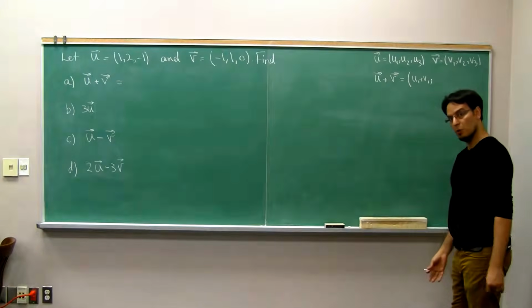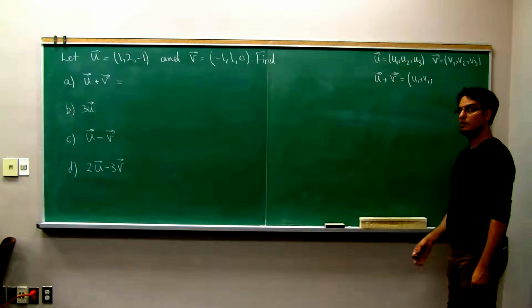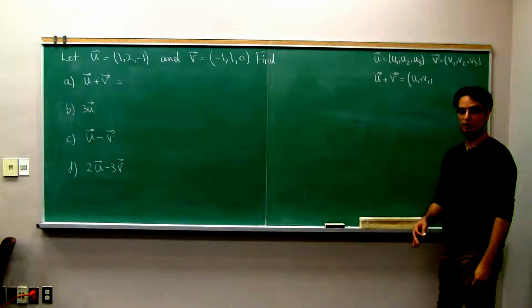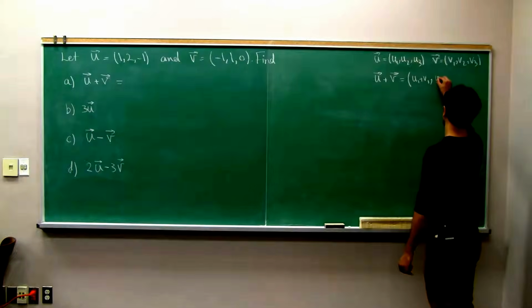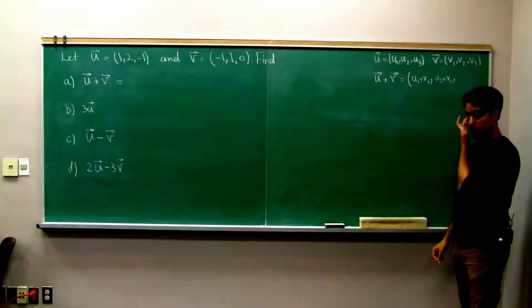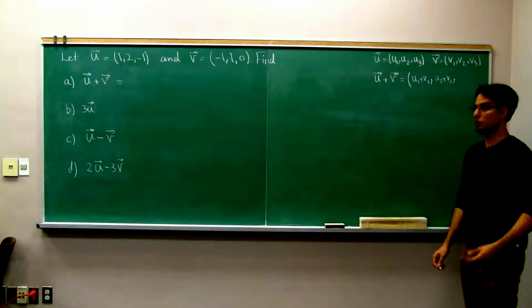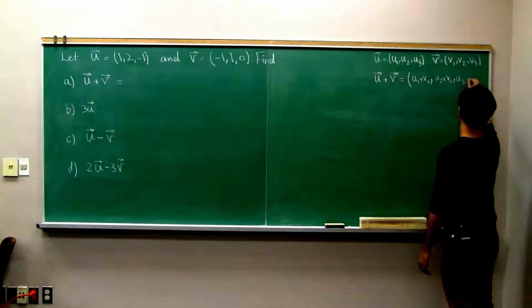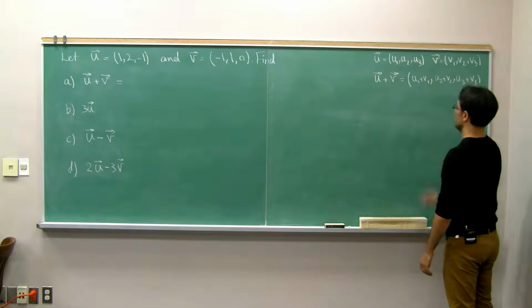The second component of u plus v is the sum of the second components of the vectors u and v, so u2 plus v2. And the third component is the sum of the third components, so u3 plus v3.